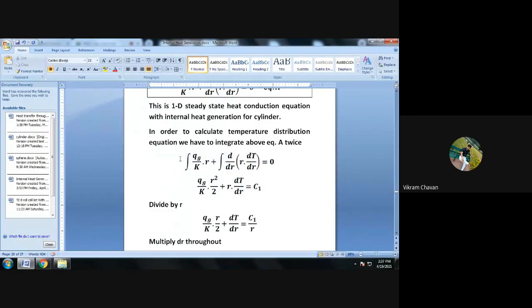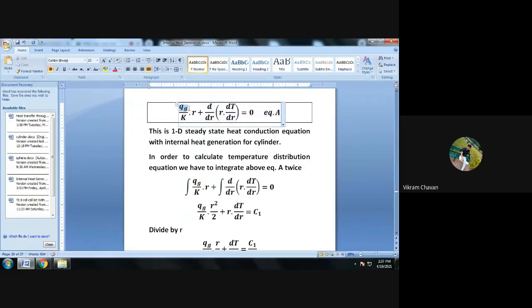So first integration we apply to this particular equation A. So integration of Q suffix g divided by k multiplied by r plus integration of the differentiation with respect to r of bracket r multiplied by dT divided by dr is equal to 0. After first integration, Q suffix g divided by k is constant, so it will remain as it is.